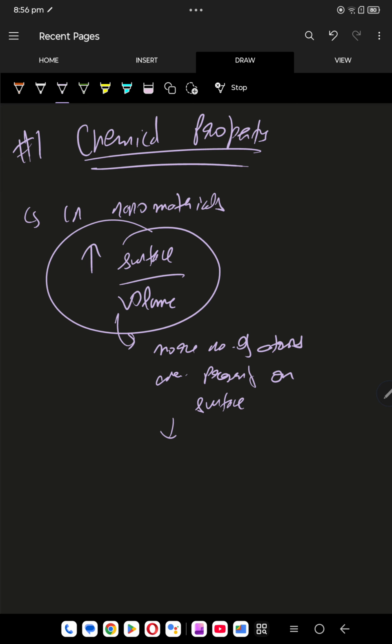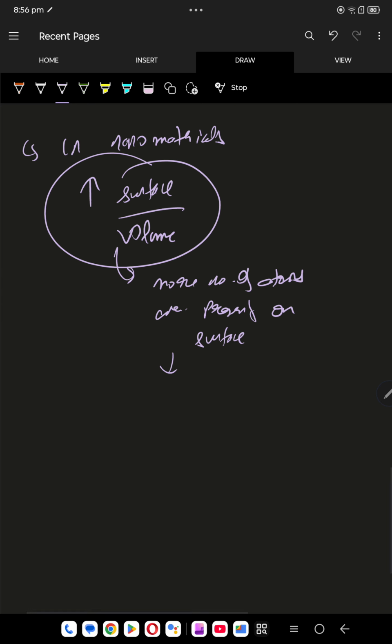Because of this, the chemical activity, or basically chemical reactivity, increases compared to bulk material. So they have high surface to volume ratio, that means more number of atoms are present on the surface, which means the chemical activity increases.